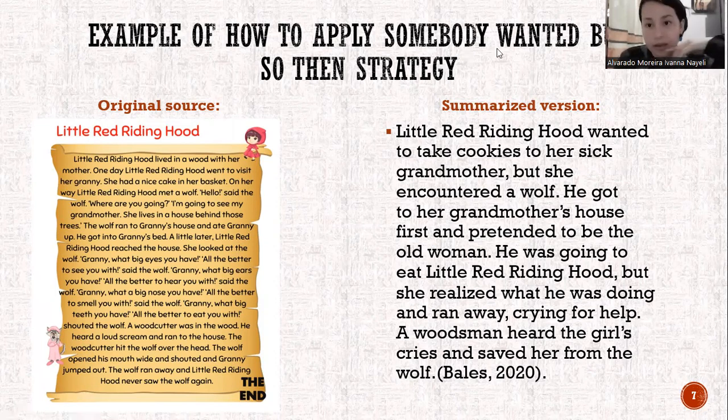Next, the word wanted means what does the main character want? The word but means identify a problem that the main character encountered. The word so means how does the main character solve the problem? And the word then means tell how the story ends, okay?